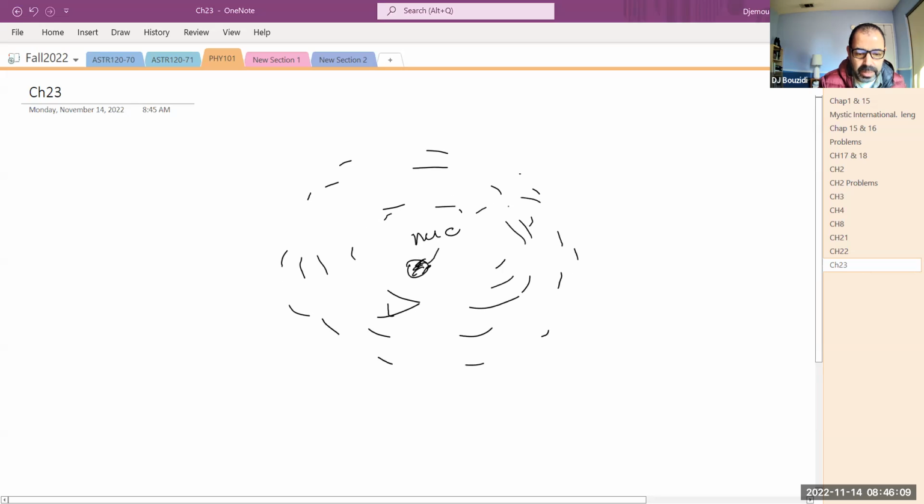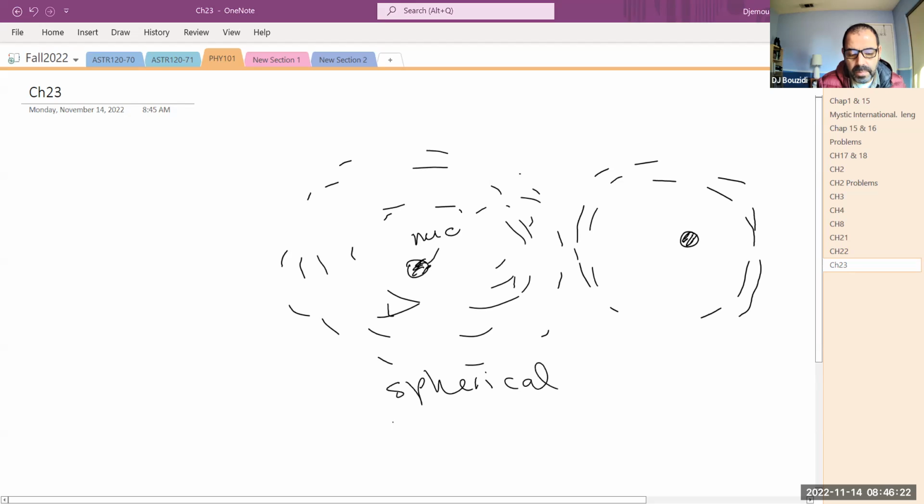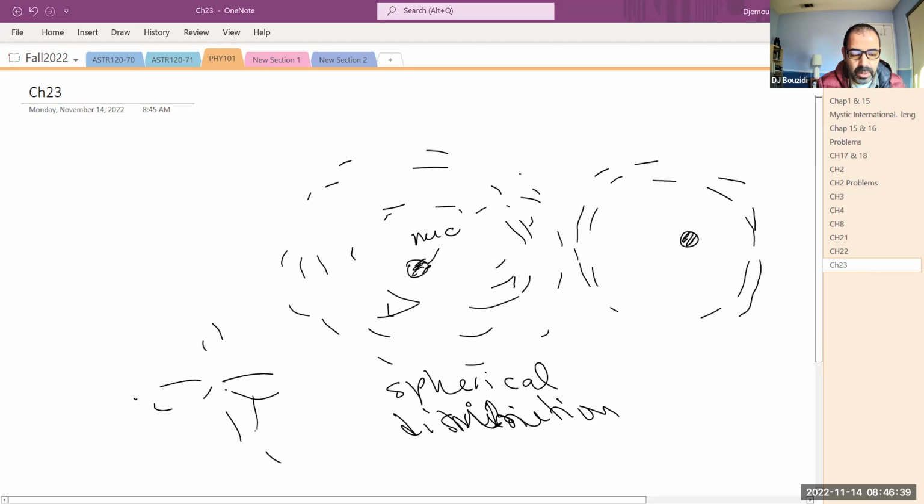Now, note the following, that on the plane, probably it's better to be drawn as a circular path or a circular cloud, but this is actually a spherical distribution of some sort. Now, there is some distribution. There is some symmetry in it, so it may not be completely a sphere, so it will retain that distribution of charges somehow.